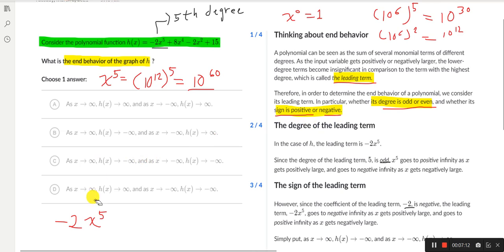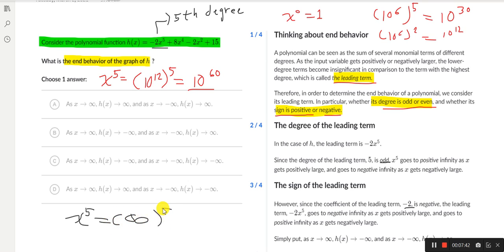In this case, we already know that when x tends to positive infinity, x to the power of 5 gets infinitely large and it's going to be positive.